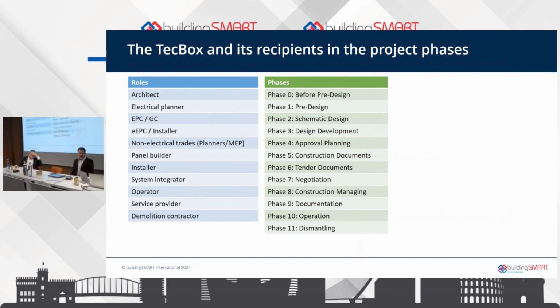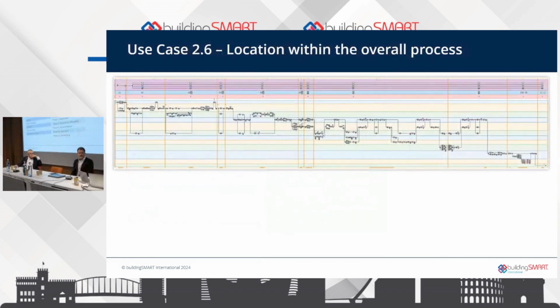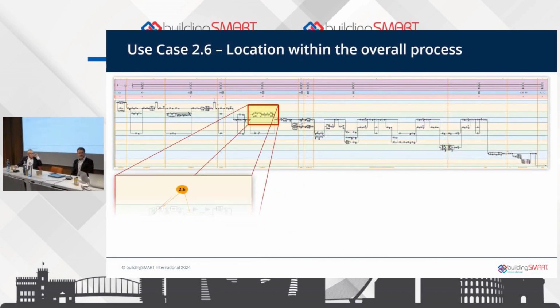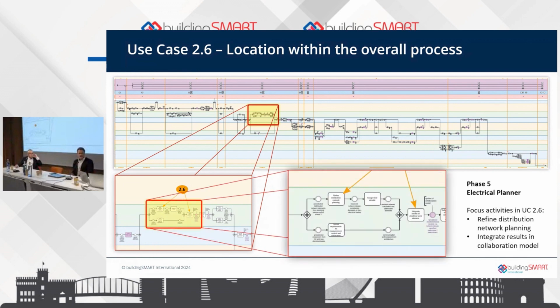Here again, I think you also showed that they are the roles and phases. You can look that up later. And as Bertrand also showed, so we cut out a piece of the process map, define a role.